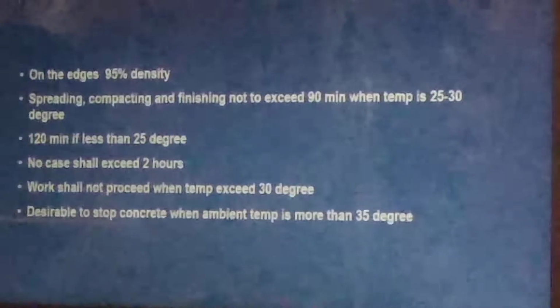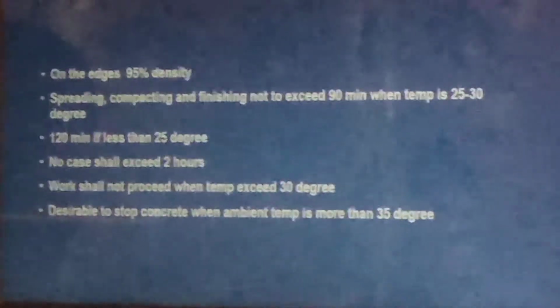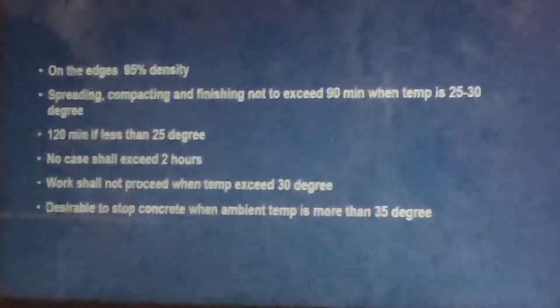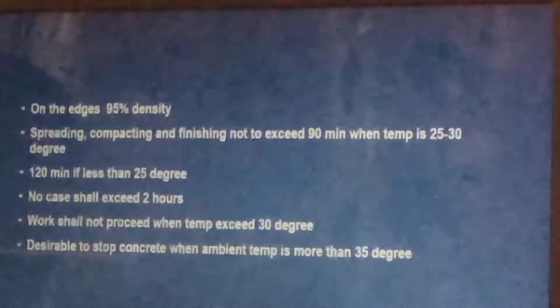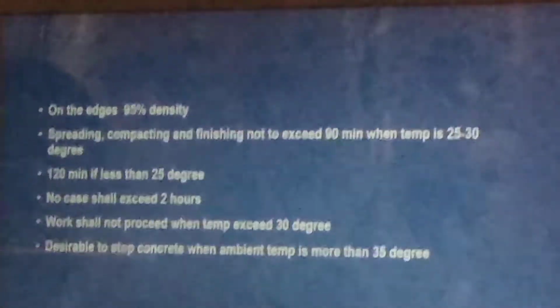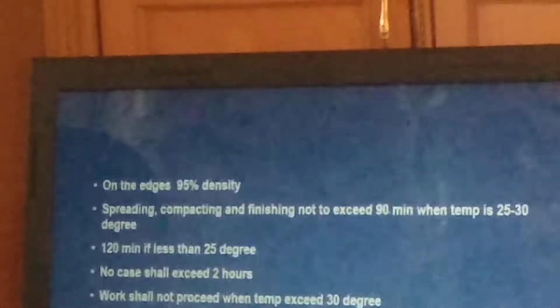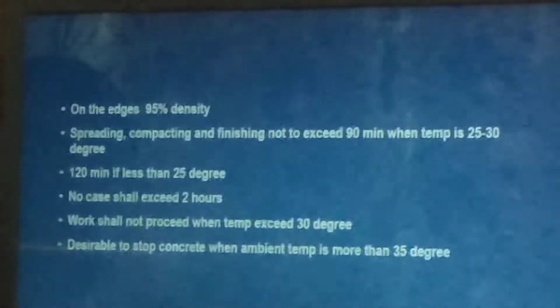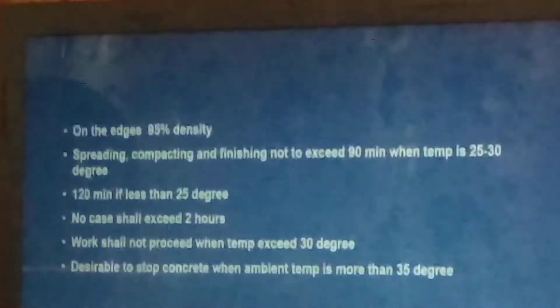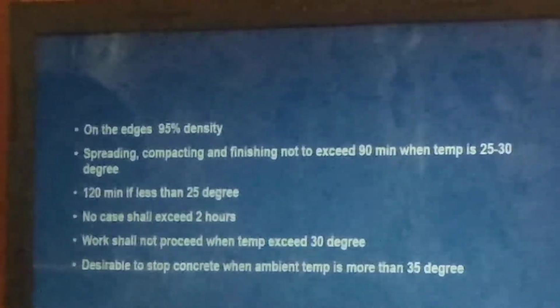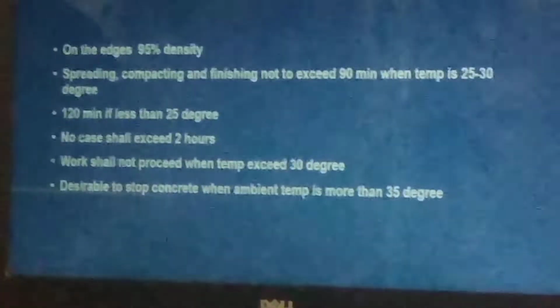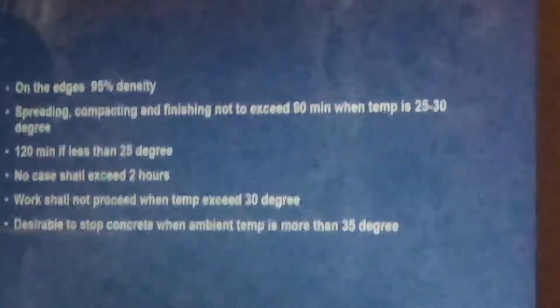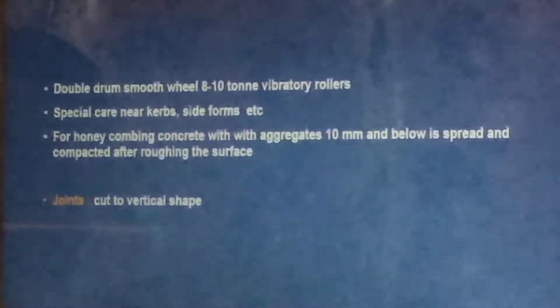Work shall not proceed when the temperature exceeds 30 degrees. Generally CC pavements are not constructed when the temperatures exceed 30 degrees. It is desirable to stop the concrete when the ambient temperature is more than 35 degrees, so we don't construct when the temperature is more than 35 degrees.